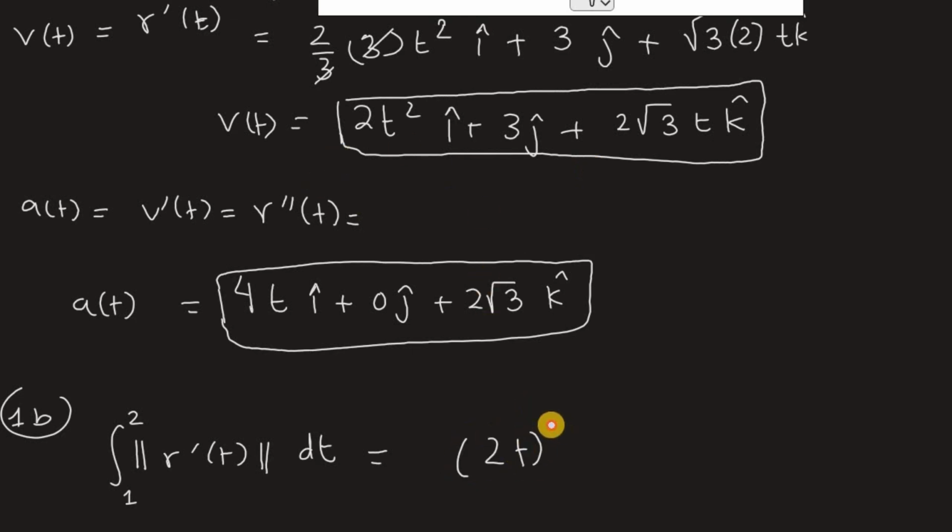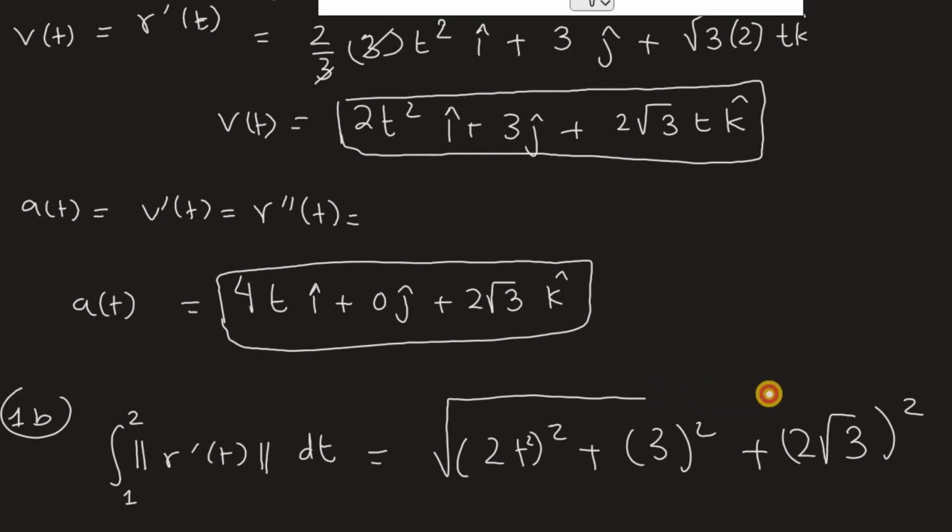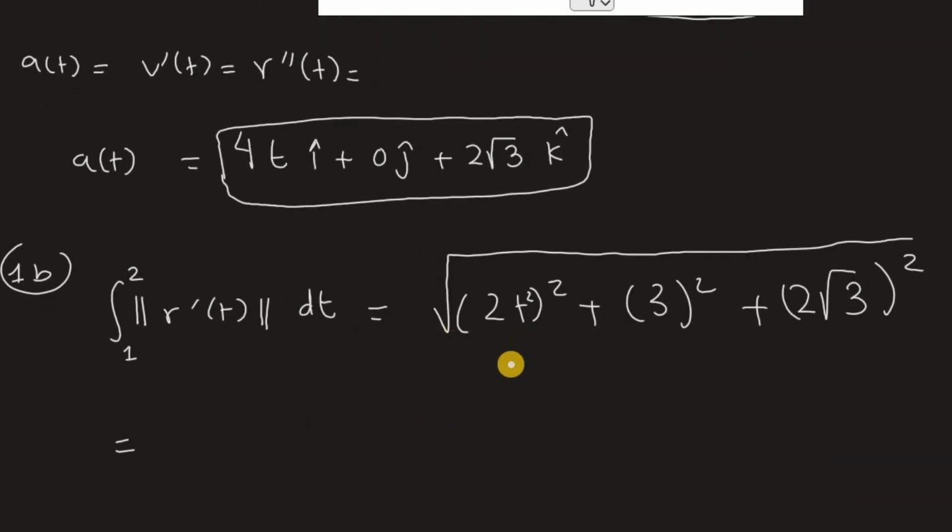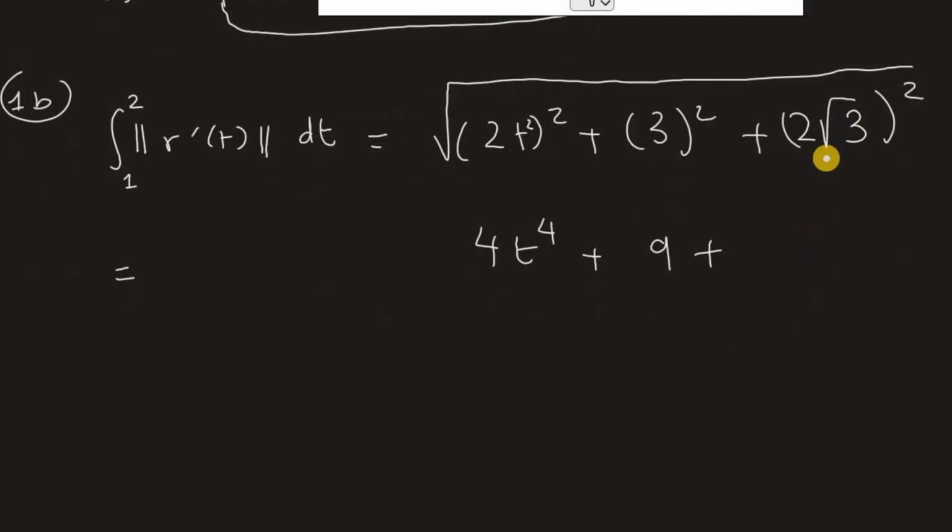So squaring each component, 3 squared plus 2, 3. Okay, now we're going to square root the whole thing. So what does this give us? This is going to become 4t to the power of 4 plus 9 plus, and you might be thinking, how do we do this?